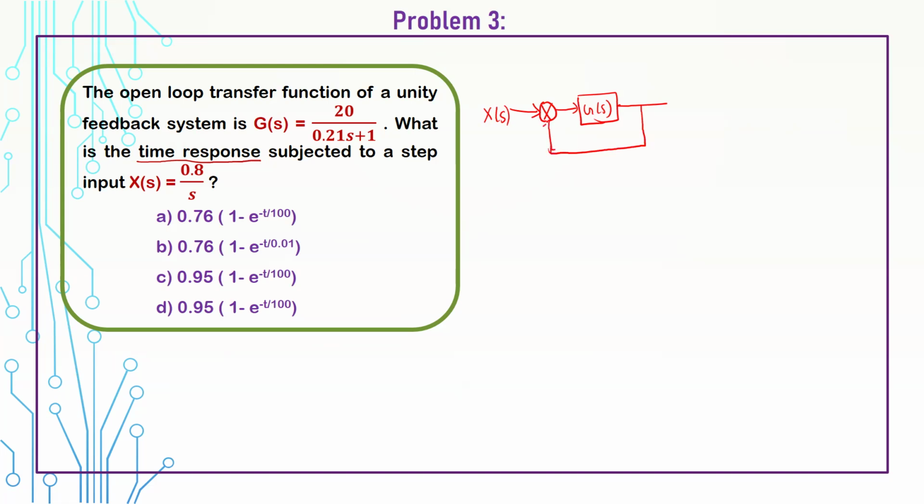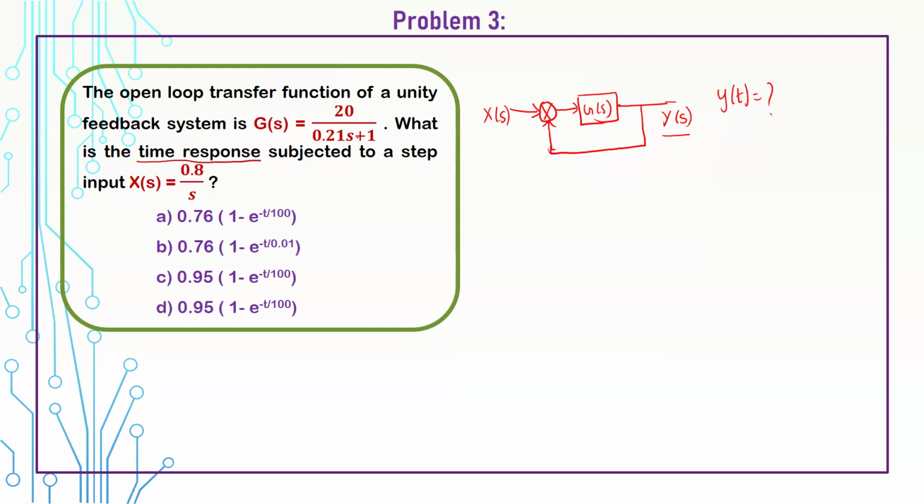And the output we can take as Y(s). So we need to find the response in time domain, that means we need to find y(t). So first we will find Y(s), then we can find y(t) by taking the inverse Laplace transform.